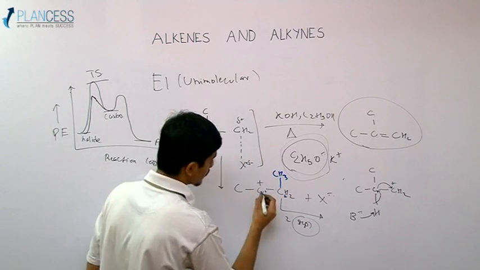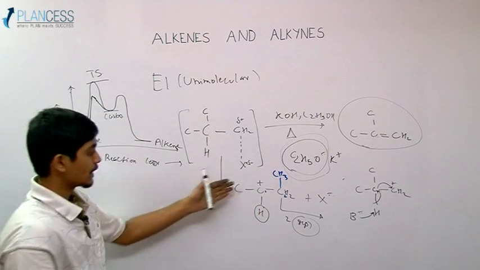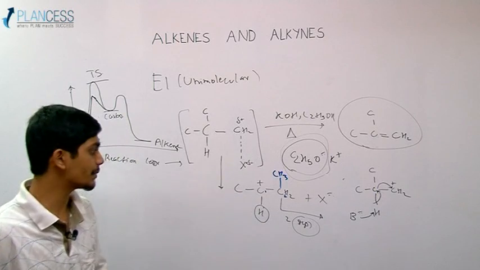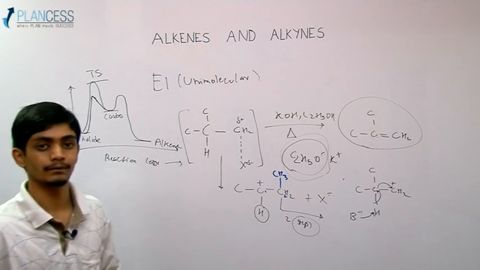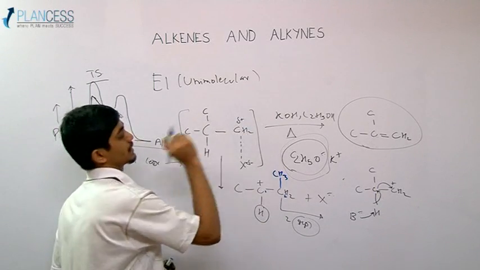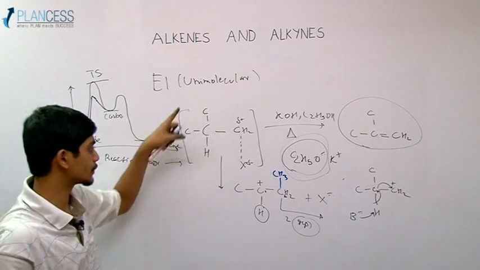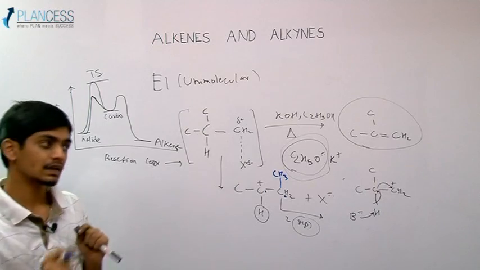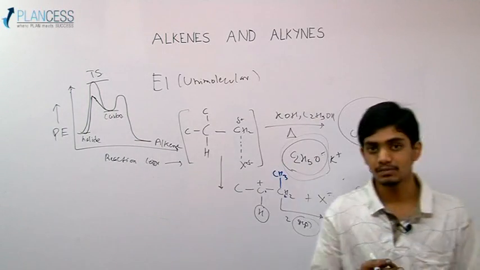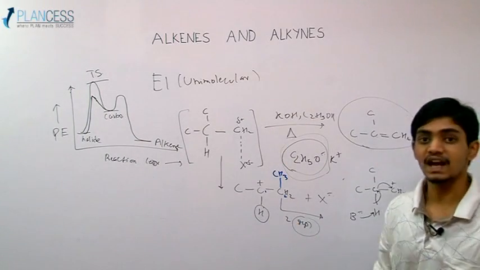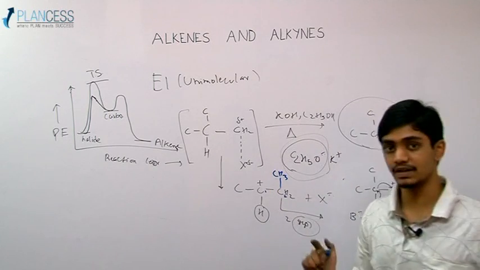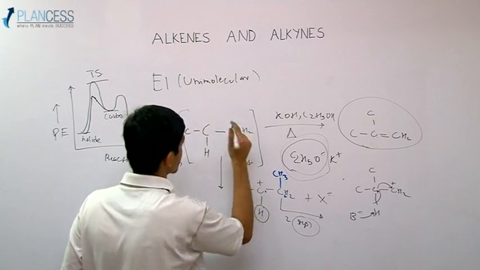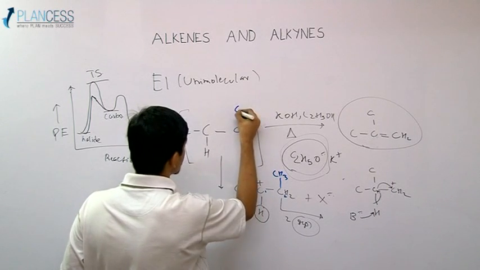You get a 2 degree carbocation, because this carbon is connected to this carbon as well as this carbon. Earlier we had a primary carbocation, connected to only one carbon. But now we have a secondary carbocation, and hence it is more stable. That means our reaction intermediate is more stable, and the transition state which leads to this intermediate is something like this, CH3.